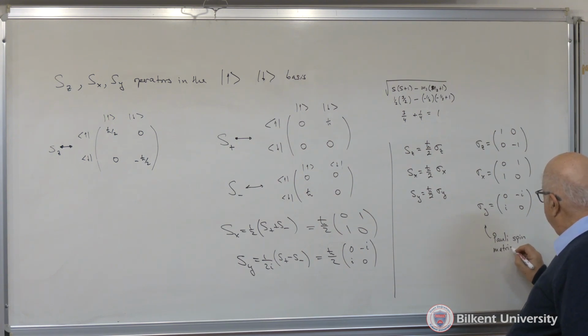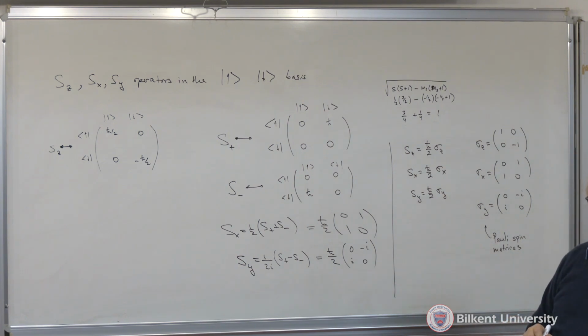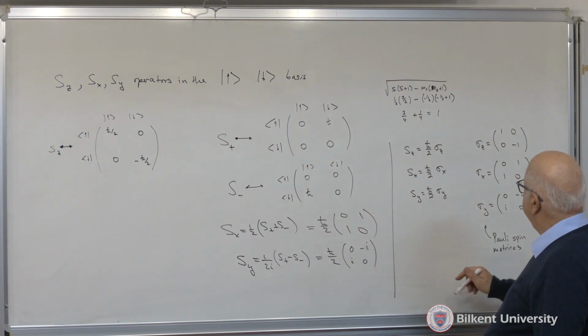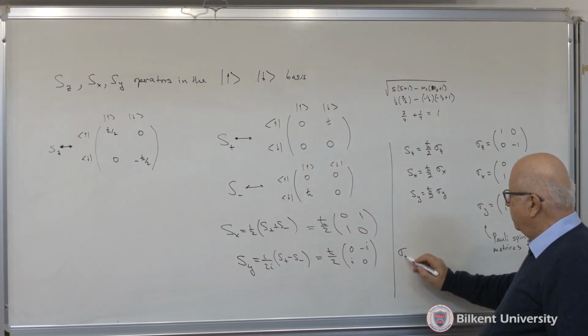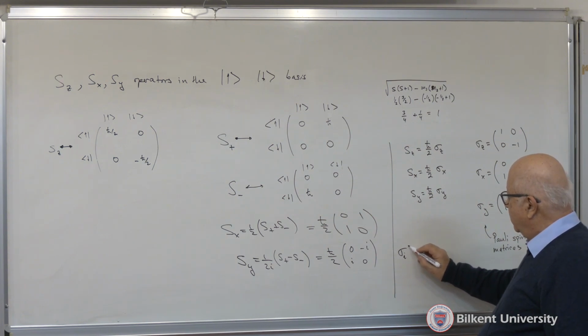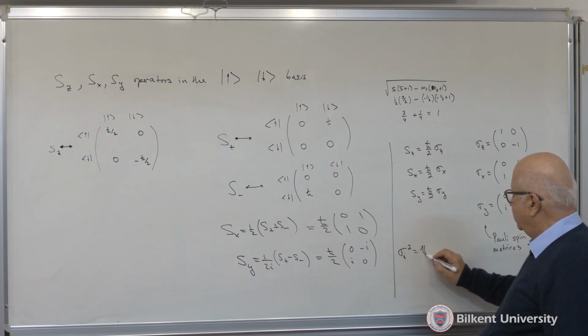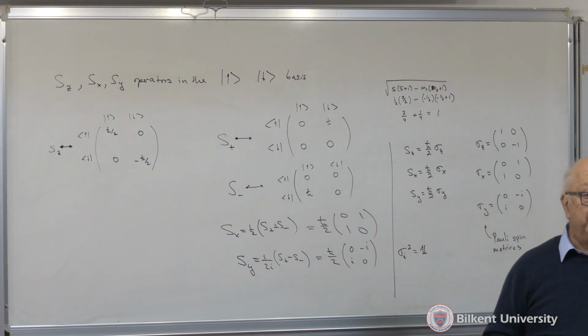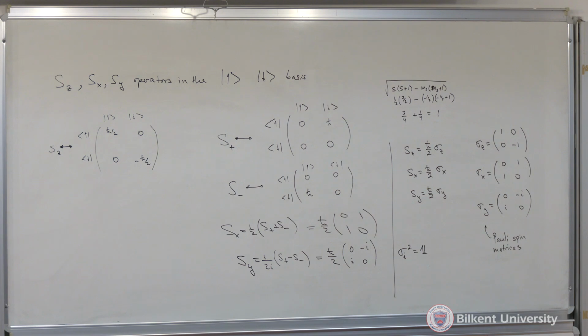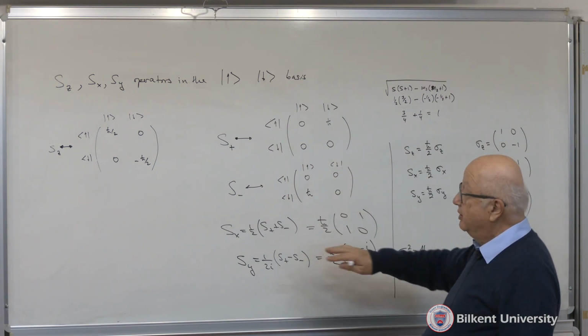So you see in the early days of quantum mechanics, the who is who in quantum mechanics had their names associated with all of these. Okay, so you see that these things have very nice properties. For example, if you take any one of them, let's call it sigma i, if you square it, you are going to get an identity matrix. That means the eigenvalues are consistent with the fact that the eigenvalues must be +1 and -1, because all of these things are now spin matrices.